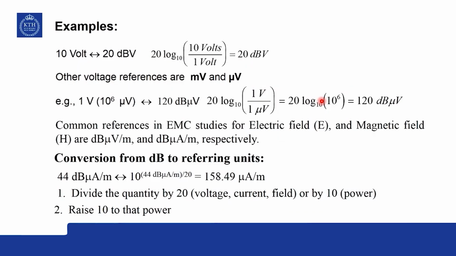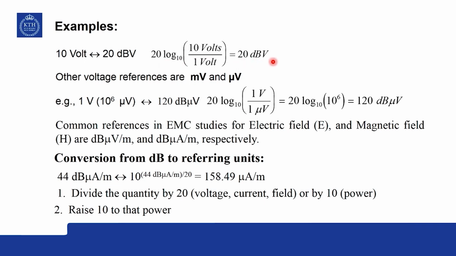Now, some examples are given here. Say 10 volt is equivalent to 20 dB volt. How do we get that? 20 log to the base 10, 10 volts, and your reference is 1 volt. Then log 10 is 1, so you get 20 dB volt.